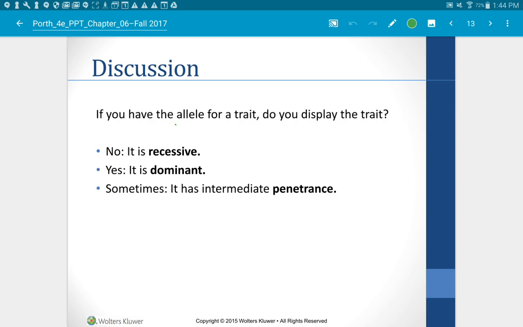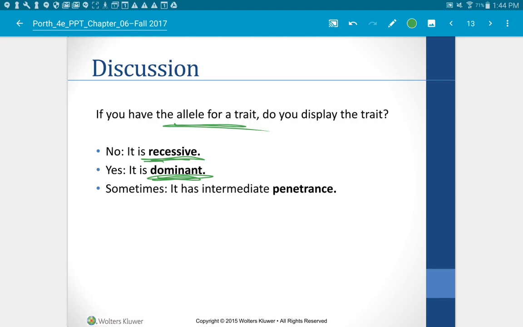All right, so if you have an allele for a trait, do you display the trait? So obviously, here's the answer. If it's recessive and you only have one copy of it, then no, you wouldn't display the trait, right? It kind of depends on the situation. If it's a dominant allele, yes.